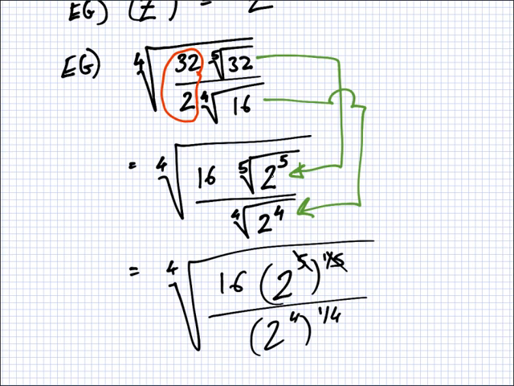But you could have seen that at this step too. 4 times a quarter is 1. And then the 4th root of 16 is the same thing. So in total, you're left with 2.